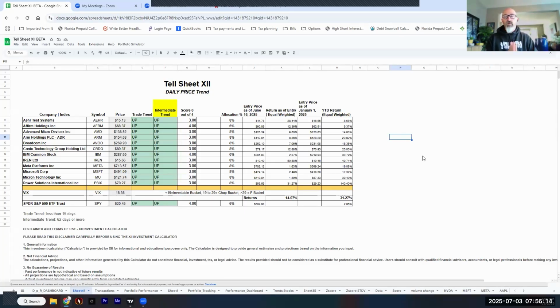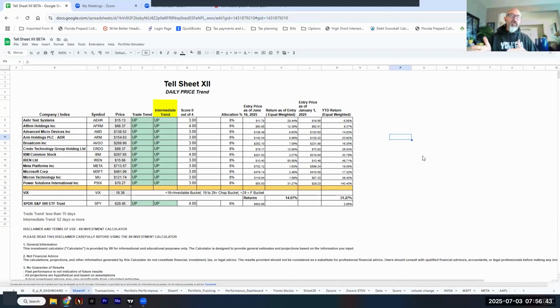Now, the portfolio will always hold at least 1% in a holding because I just don't know when the stock is going to rebound, if it's going to go higher at some point. So I want some sort of exposure. And as scores go up, that allocation changes as well. If I go to, say, a score of 2, you're going to see about a 4% allocation to that individual position.